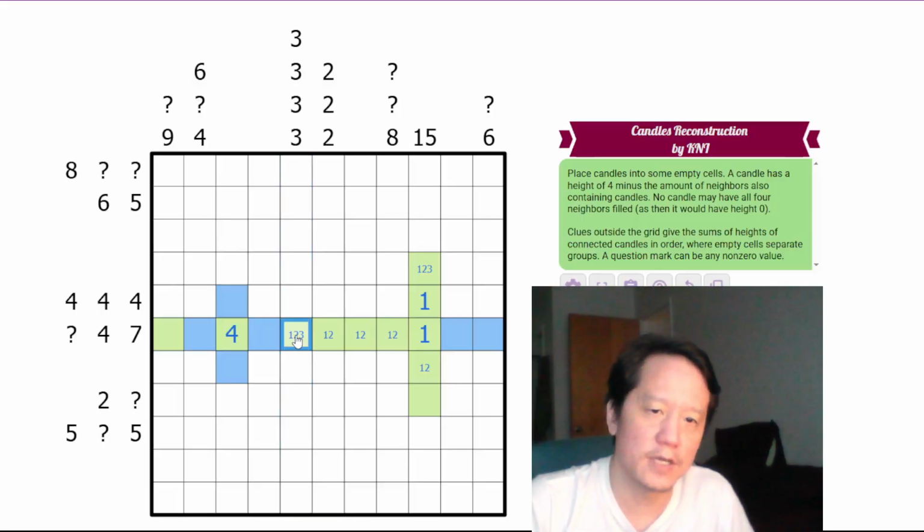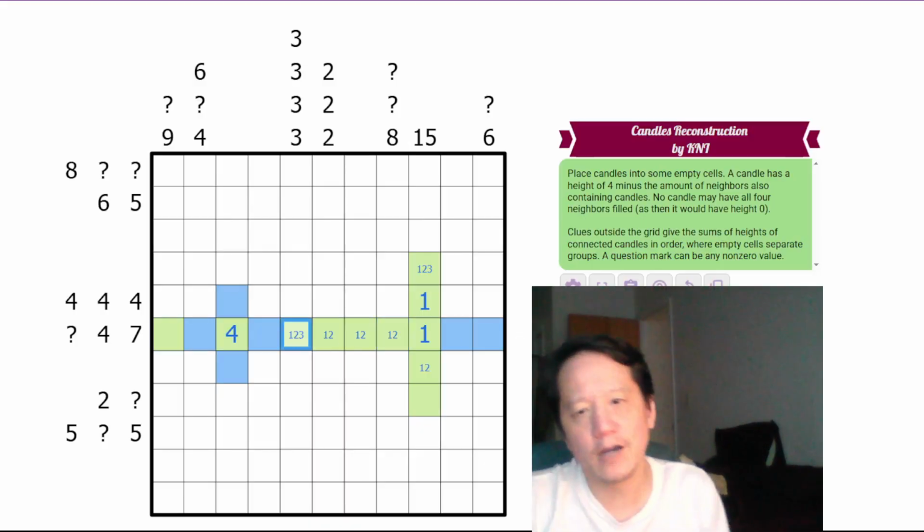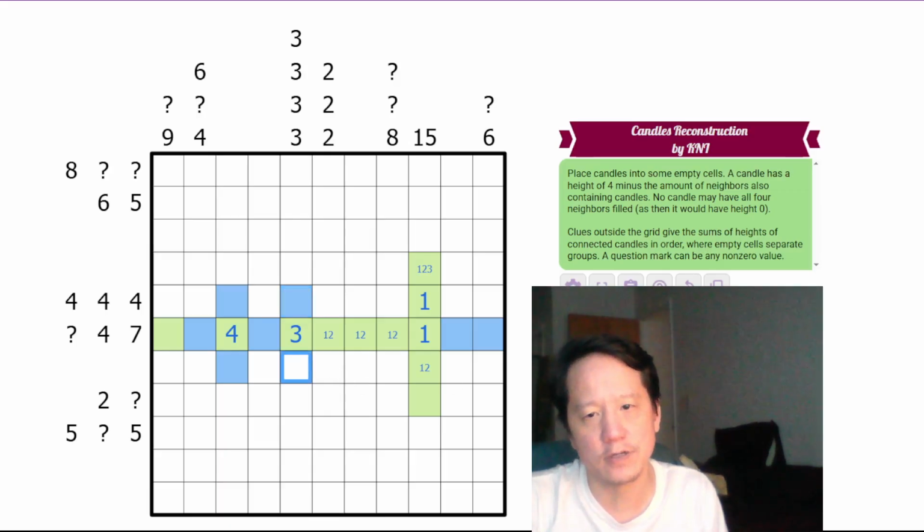This cannot. Well, if this is 3, this would have to be 1, 1, and 1. So how does that work if this is 3? That forces a candle, no candles here. These would have to all be 1, which means how would that work?